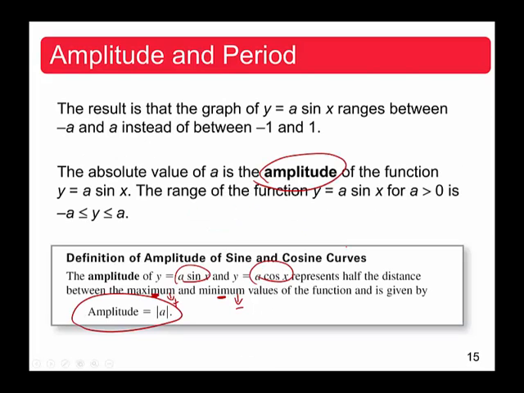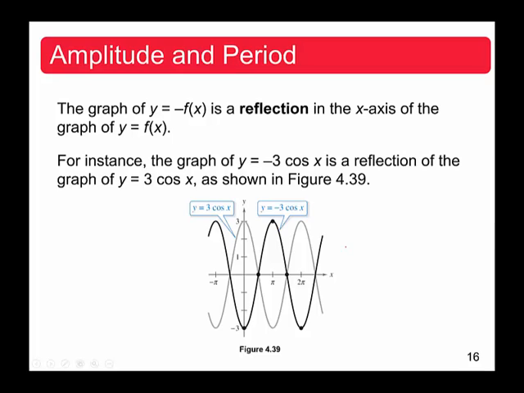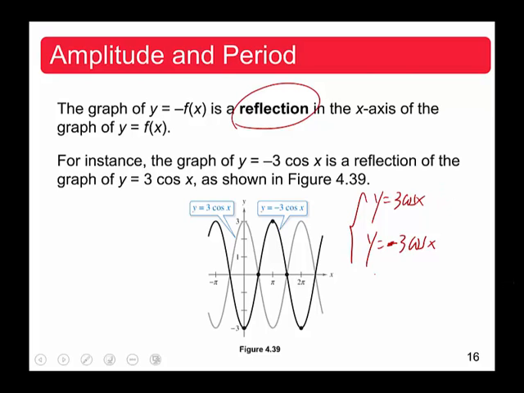Okay, amplitude and reflection. For example, let's say we get y equal 3 cosine x, and the other function is y equal negative 3 cosine x. Since the y value becomes opposite, it's a reflection about the x-axis. So that's why this is a reflection. The x value is the same, and the y value now becomes opposite.